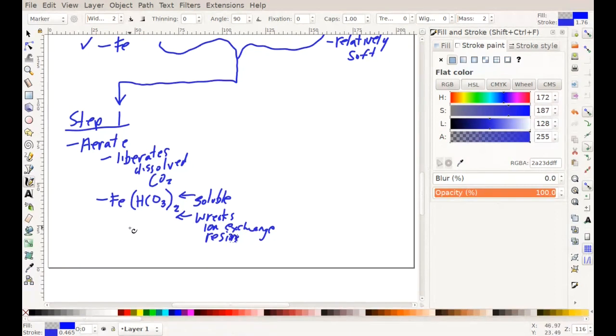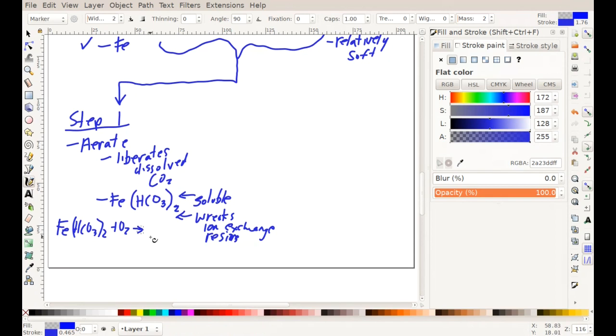So what we're going to do, through aeration, is take FeHCO3 twice, plus oxygen, and it's going to give us some insoluble iron oxide plus CO2. The reaction escapes me right now.